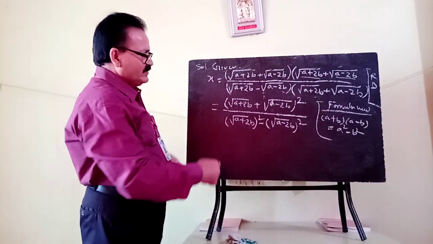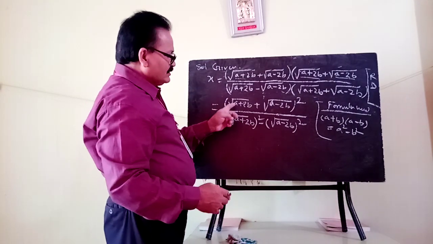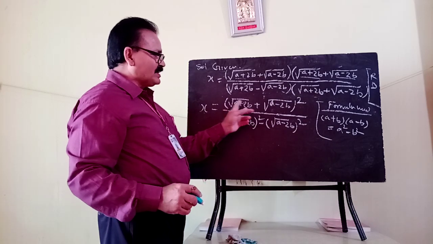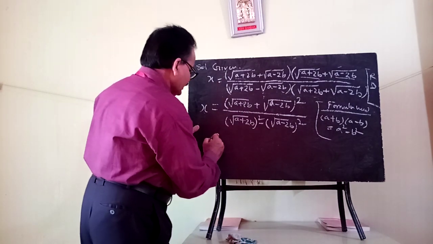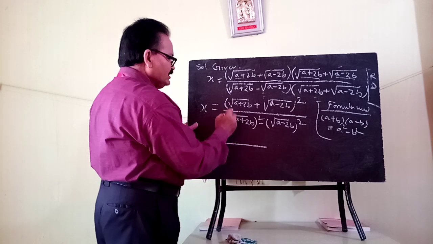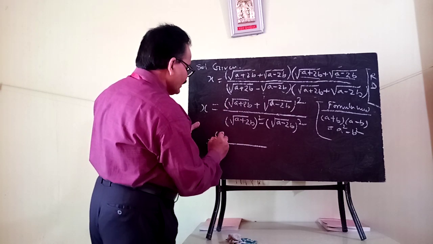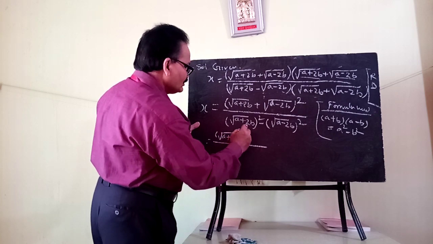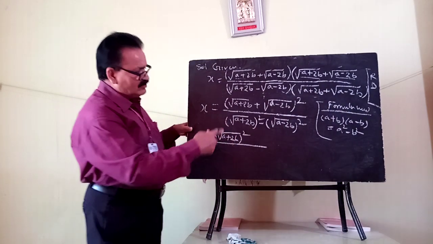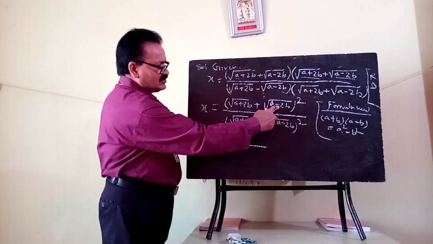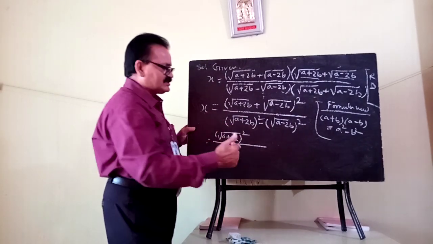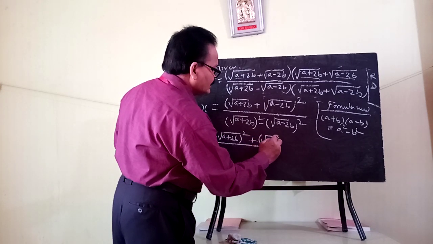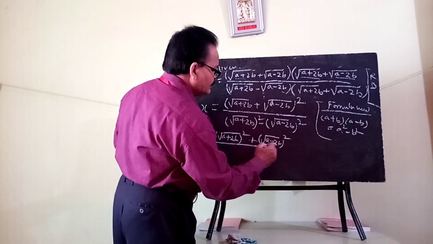Okay. Now you expand the numerator by applying the rule of a plus b whole square. So here this is your square root of a plus 2b whole square, because you are considering this one as your a, this one as your b. So a square plus b square, put a plus sign, square root of a minus 2b whole square.